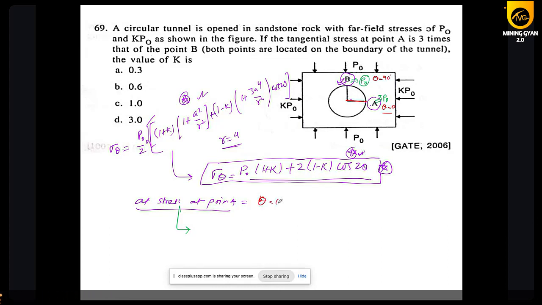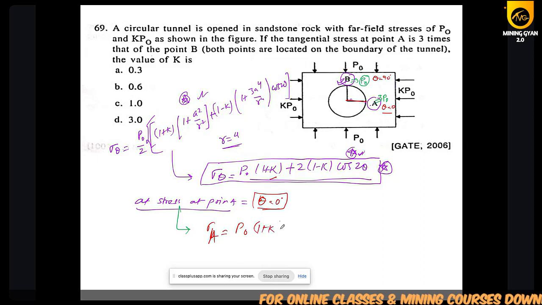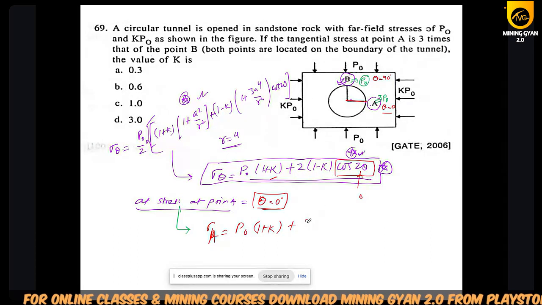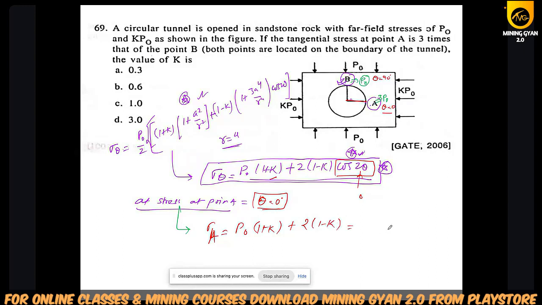So at theta equal to 0 you can find out the stress at point A. Put cos 0 equal to 1, so sigma A equals P naught (1 plus K plus 1 minus K), and if you solve this it will come as 3 minus K. If you put the value of theta as zero, because at point A theta equals zero, then you get the stress at A as P naught (3 minus K).